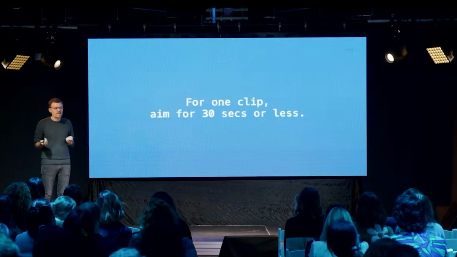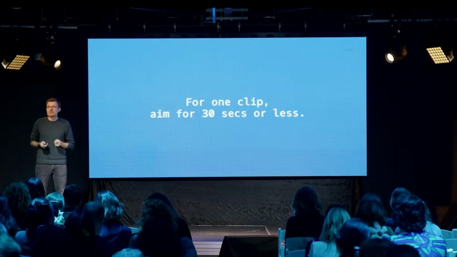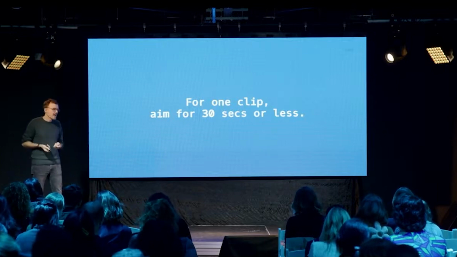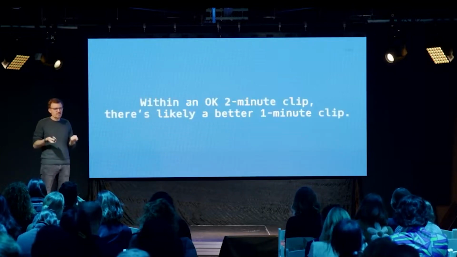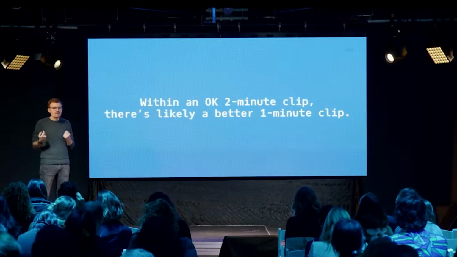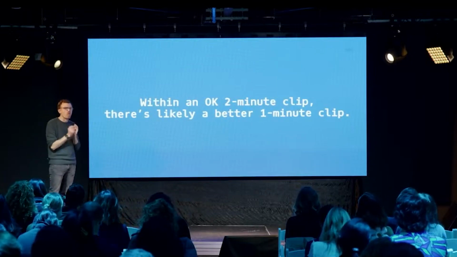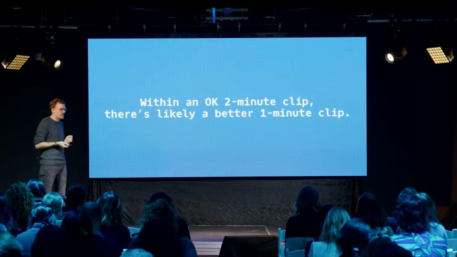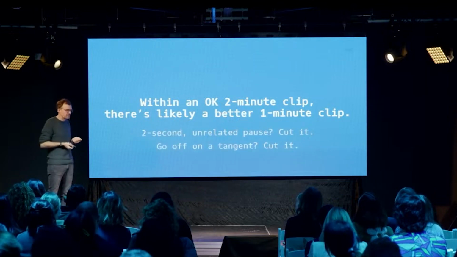If you need something more tangible, for one clip, I try to aim for 30 seconds or less. I think this is a really good forcing function because I found within a lot of my 2-minute clips, there was actually a much better 1-minute clip inside of it. And how to get there? If there's a 2-second unrelated pause, I'll cut it.